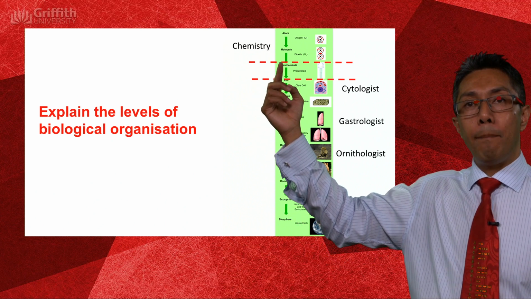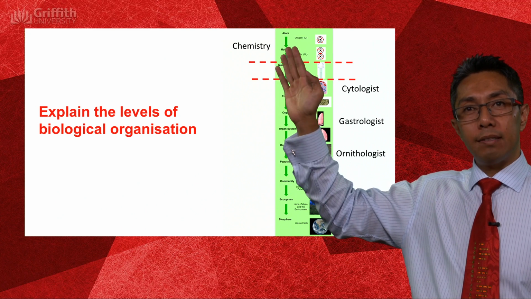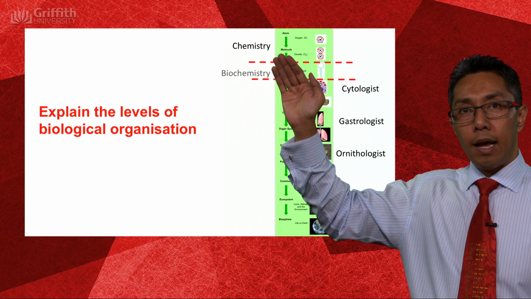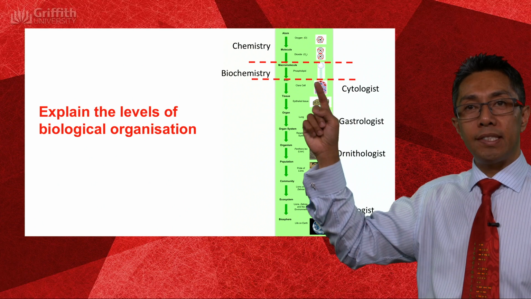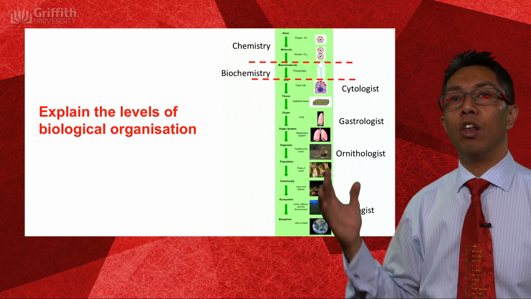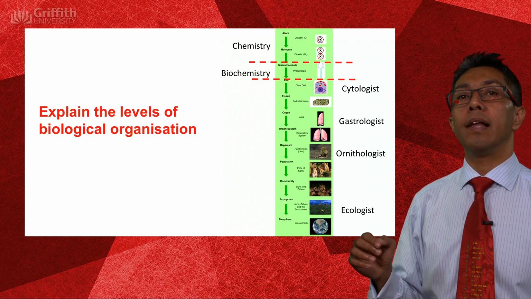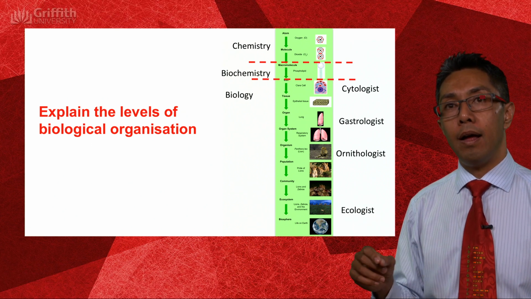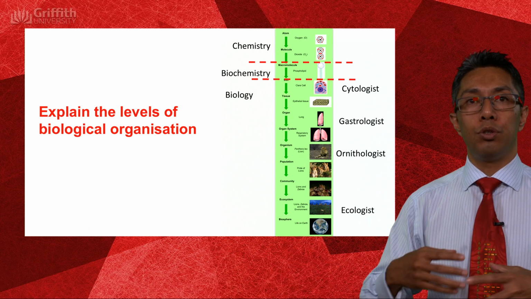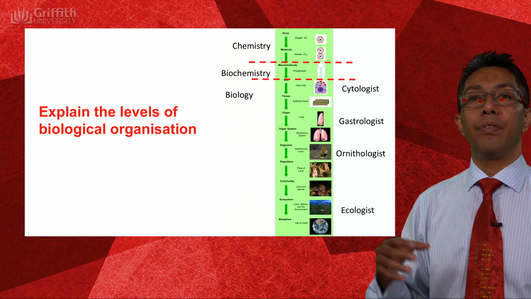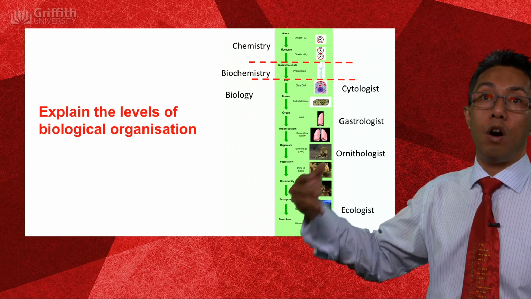Okay, so above this line, the study of molecules and atoms, that's chemistry. This grey area here, where we start looking at the molecules of life, that's the field called biochemistry, and then biology starts proper at the cell. Okay, so the cell is so critical to the definition of life that it actually is one of the defining features of how we define biology.